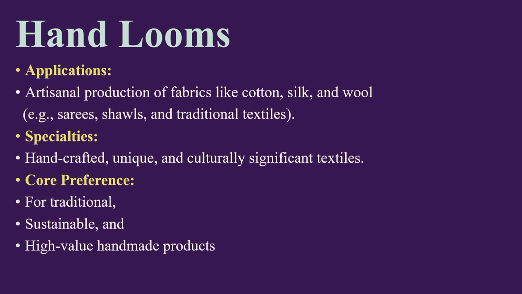So there are different key features of artisanal productions: handmade process, traditional techniques, natural materials, slow craftsmanship, and sustainability. These are the features of artisanal production, as they are manually operated, so they have covered the sustainability like factors.